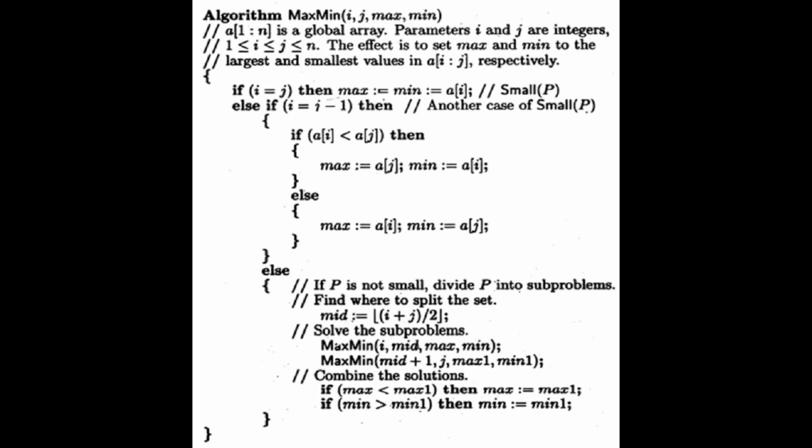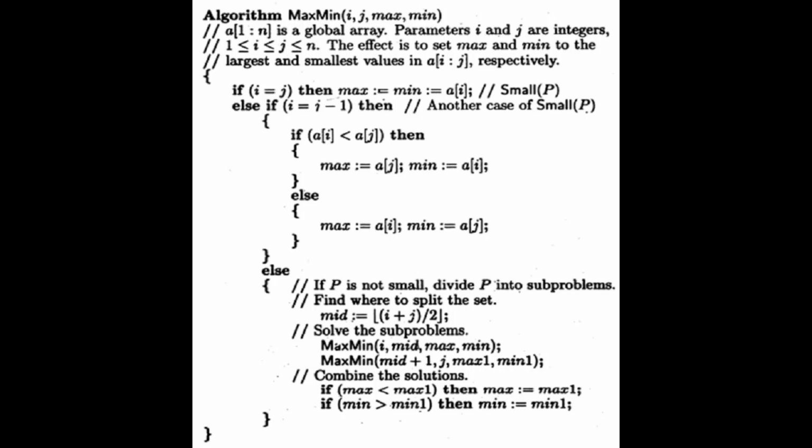Here there is an if condition: if i is equal to j. That is the situation of a small problem. If i is equal to j, that means the two array indices are the same. For example, i equals j equals 5, so A[i] and A[j] are the same.